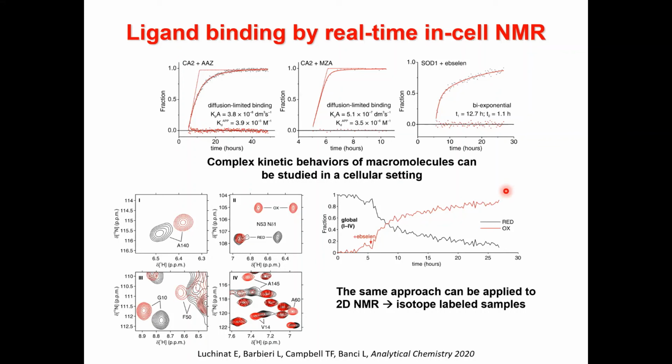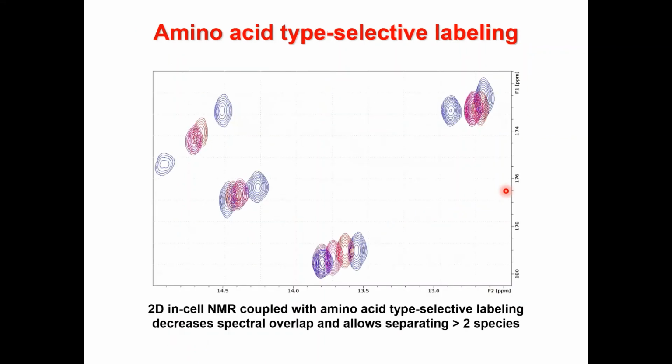And not only that, because we recently went into more depth on carbonic anhydrase binding, with model compounds and with experimental compounds, and we assessed whether amino acid type selective labeling was useful.